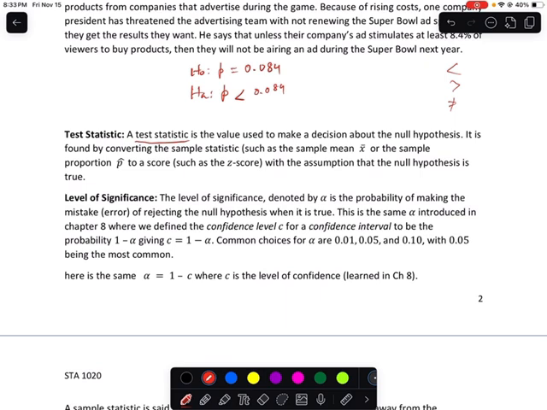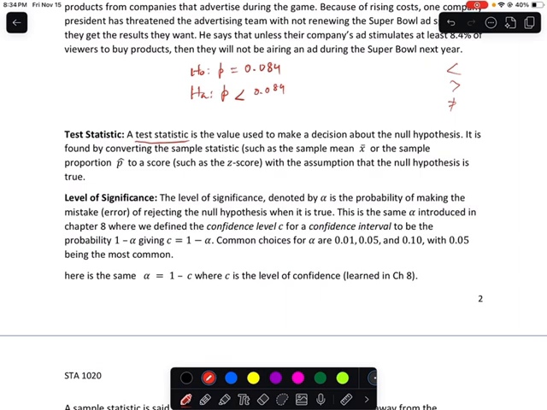It is found by converting the sample statistic, such as the sample mean or the sample proportion, to a score such as the z-score, with the assumption that the null hypothesis is true. There are other types of scores as well, but we have not learned those other distributions. Like there is a t distribution, so relative to that there is a t-score. We have not done that, and the chi-square we will do, but that will come later in this chapter.